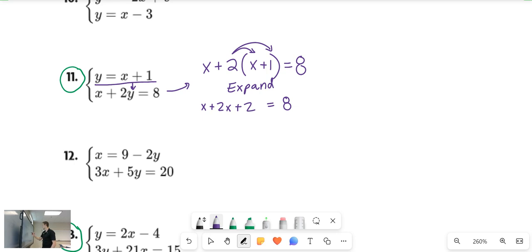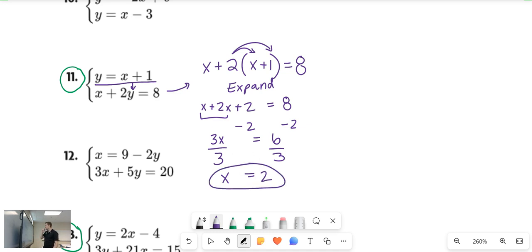Let's combine these and subtract 2 from both sides. So we have 3x equals 6. And then we'll divide by 3 from both sides. And we will get just x equal to 2. All right, so our proposed solution is x equals 2.